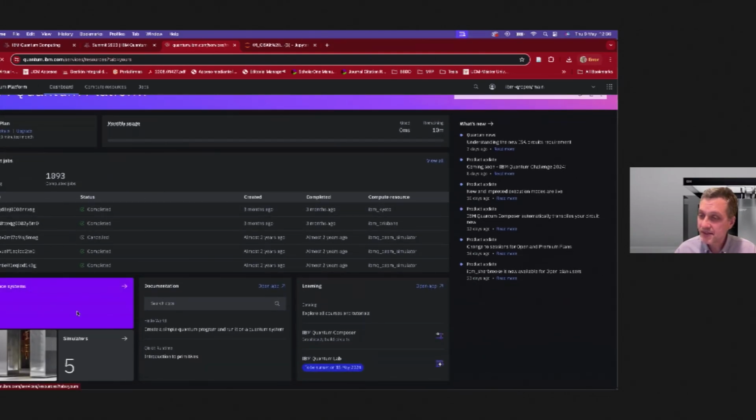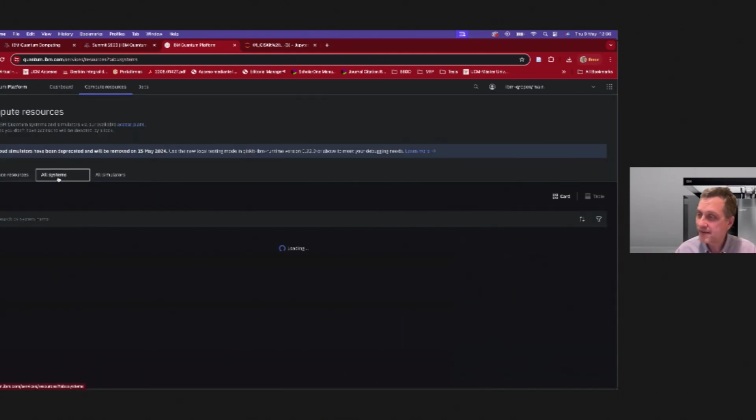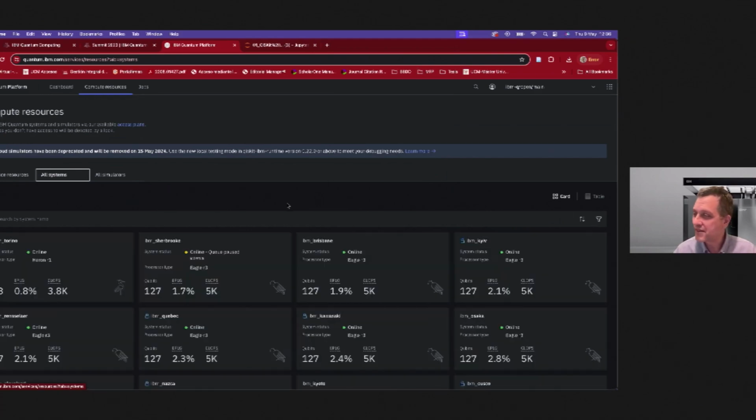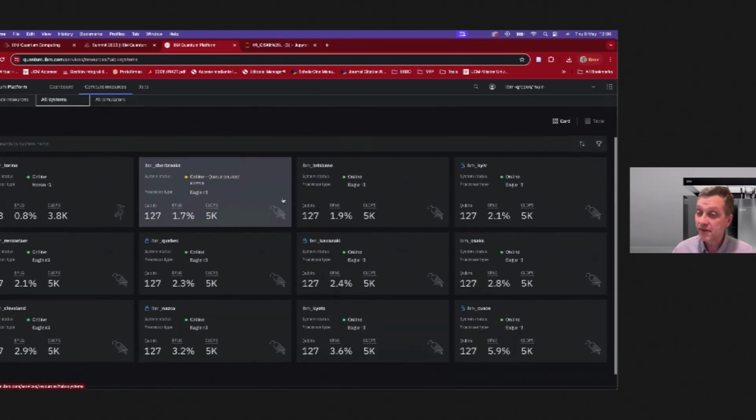where you have access to systems that are online and accessible through the web. And this is the demo effect, loading. We have different computers of different sizes, but we think that for utility scale problems we need more than 100 qubits to make circuits big enough to solve interesting problems.